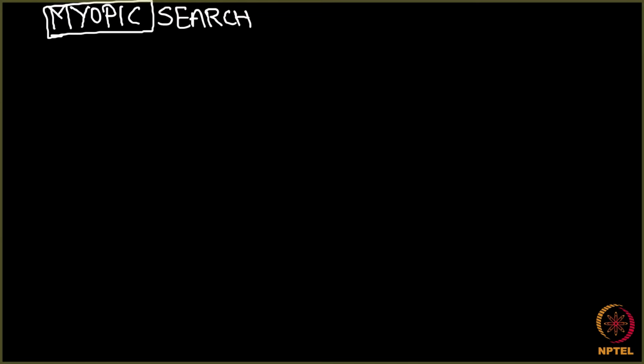Let me tell you, this kind of search is known as the myopic search as well. So we call this decentralized search as myopic search. Why myopic? Do you remember myopia? We have studied it when we were in like 6th or 7th or 9th class, I don't remember. Myopia is nothing but short-sightedness.